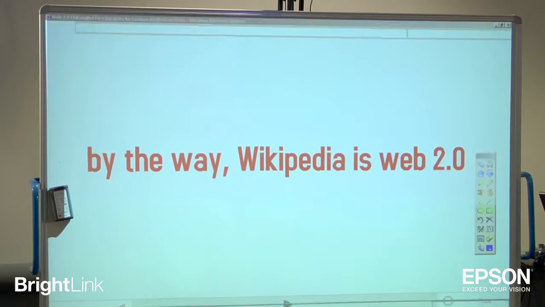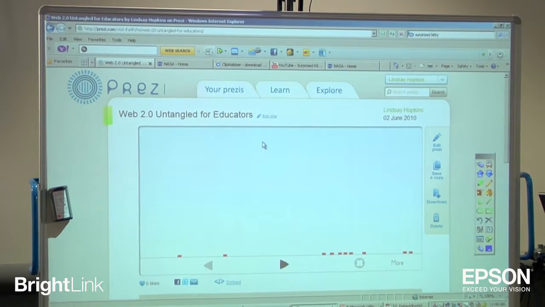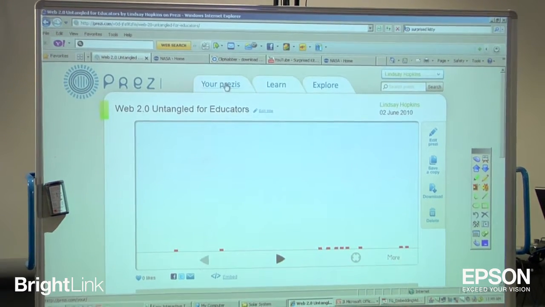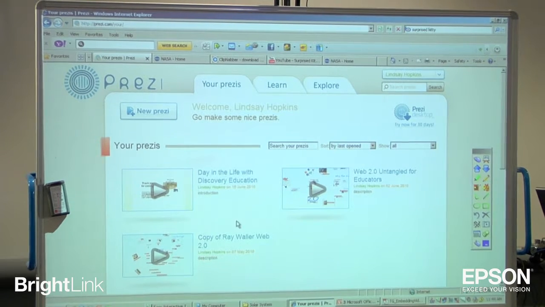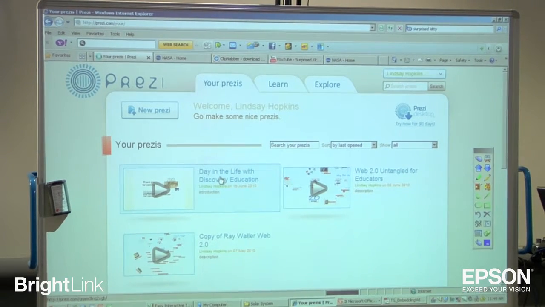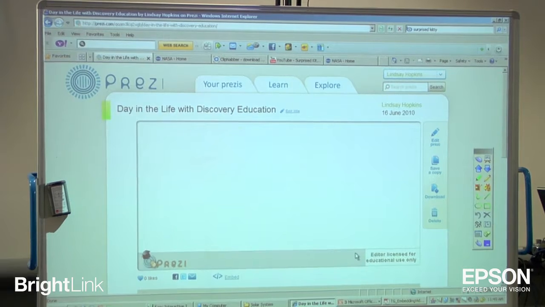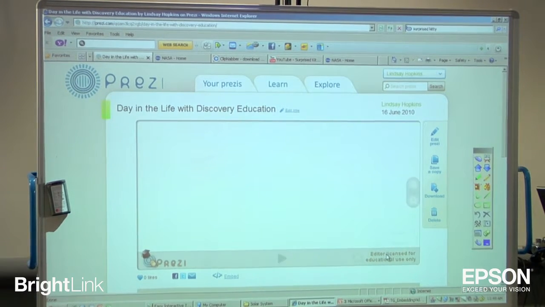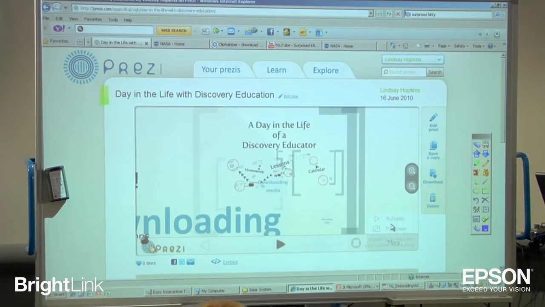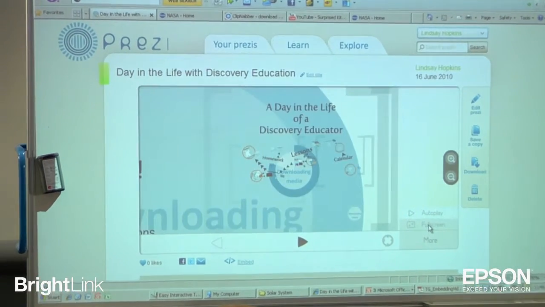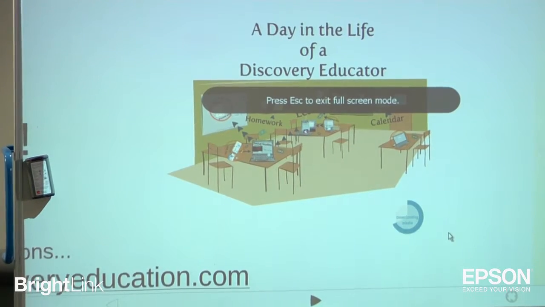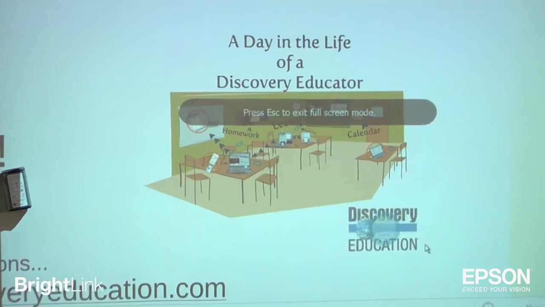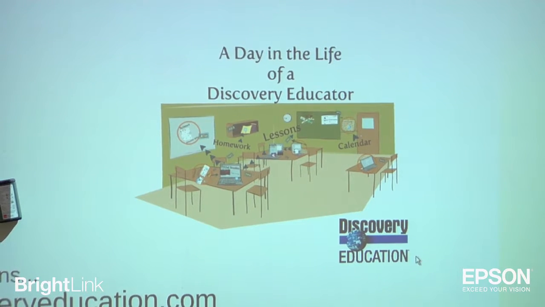Some other examples that I have look pretty cool. This was one that was created with the help of the Prezi people, so that's why it looks so particularly good. Discovery Education worked with them to create an image that looks like a classroom, and then inside it, you're basically flying into that classroom and taking a look at some different technology ideas.